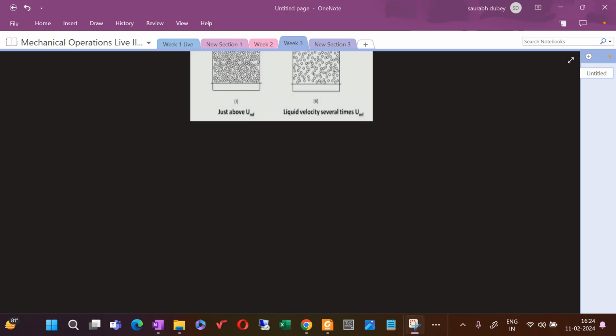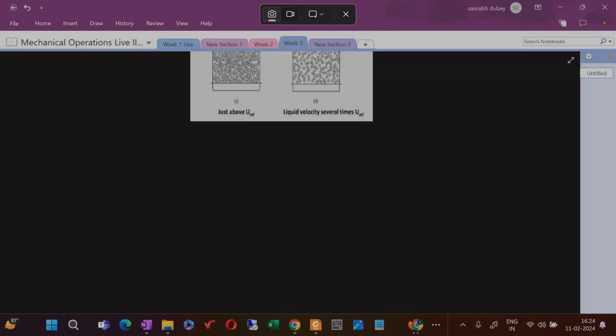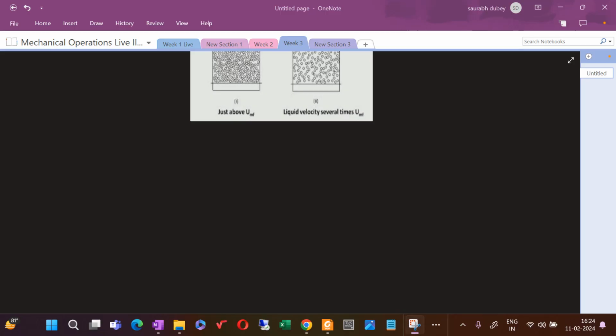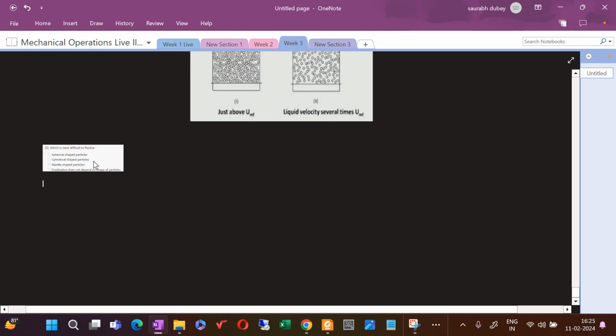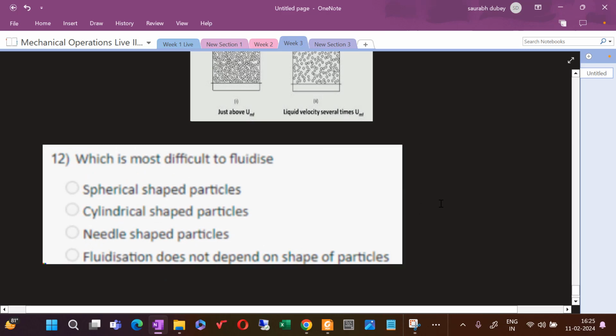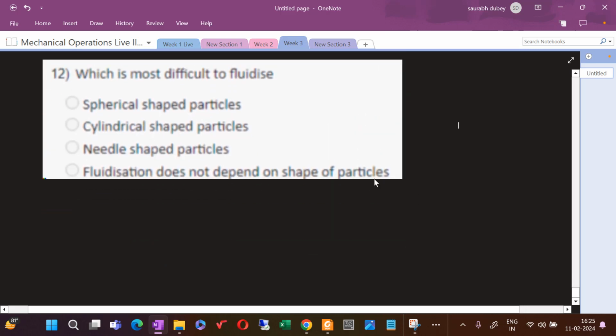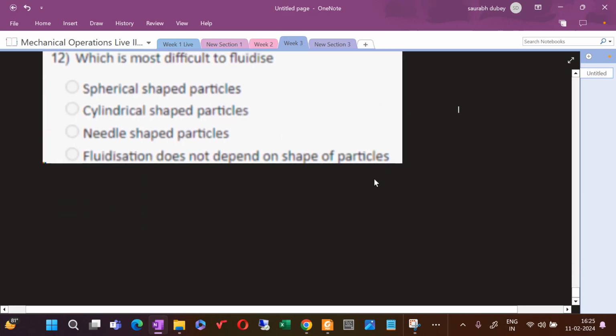The options are the spherical shaped particle, the cylindrical shaped particle, and the needle shaped particle. Which of the following is most difficult to fluidize?